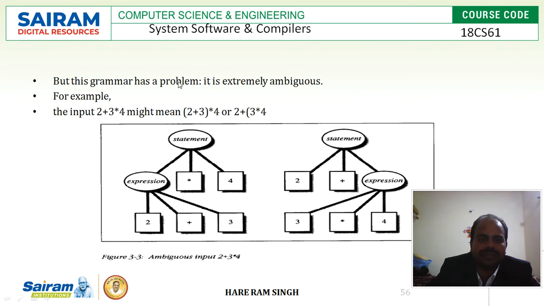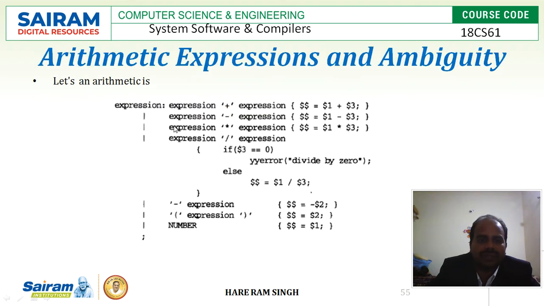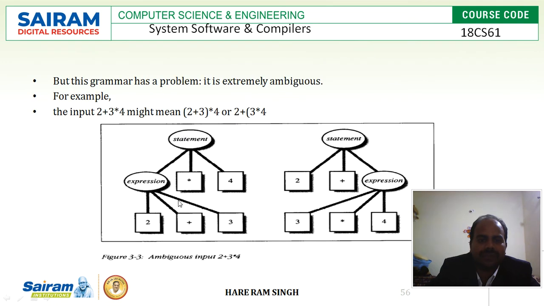Why is it extremely ambiguous? For example, 2 plus 3 into 4. It can be 2 plus 3 whole into 4, or 2 plus 3 into 4. So for this input string, this grammar will generate two parses.